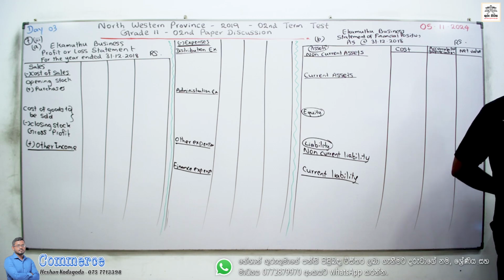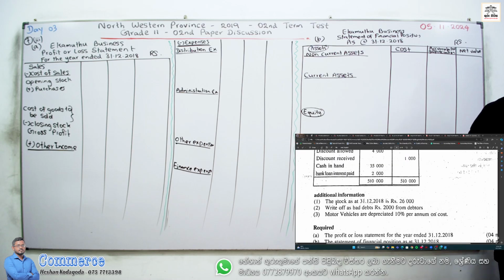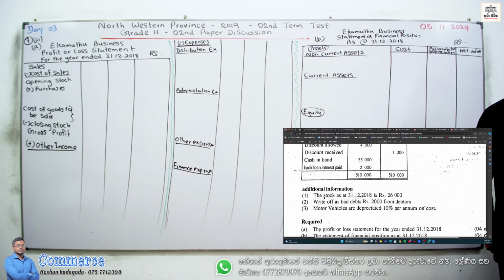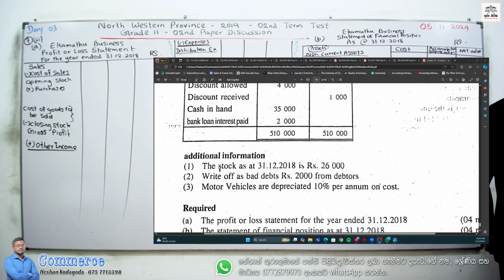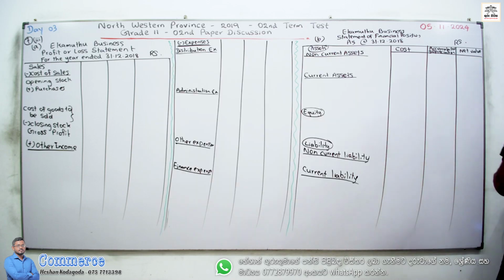Let's start from the adjustments, additional information, right? In here, take a pencil as well. Closing stock as at 31st December 2018, 26,000. Okay, correction mark, and I'm going to write it in here, 26,000.